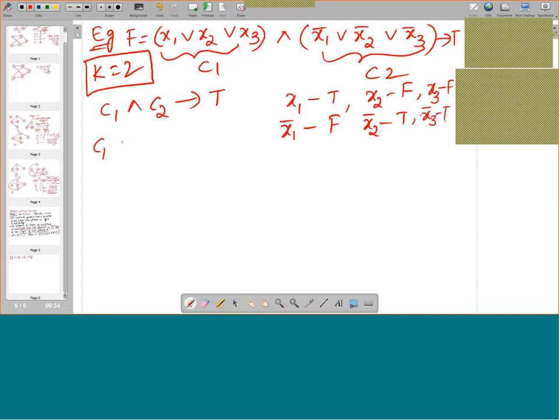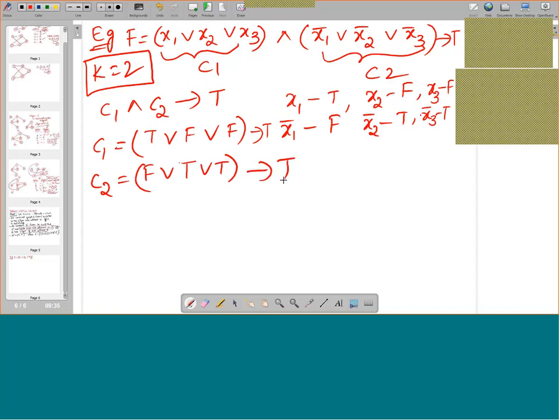C1: x1 is true or x2 is false or x3 is also false, so it is true. C2: x1 bar is false, x2 bar is true, x3 bar is also true, so it is true. True and true equal to true. The formula evaluates to true.